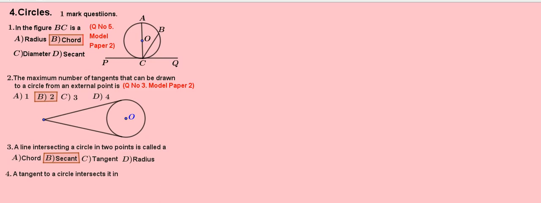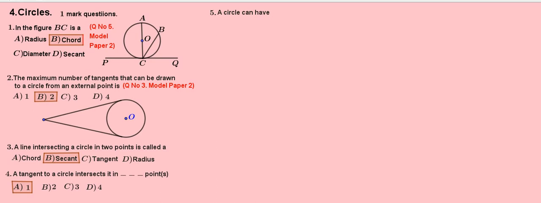A tangent to a circle intersects it in dash points. Option A 1, option B 2, option C 3, option D 4. As we know, the tangent intersects the circle at only one point. So option A is correct answer.